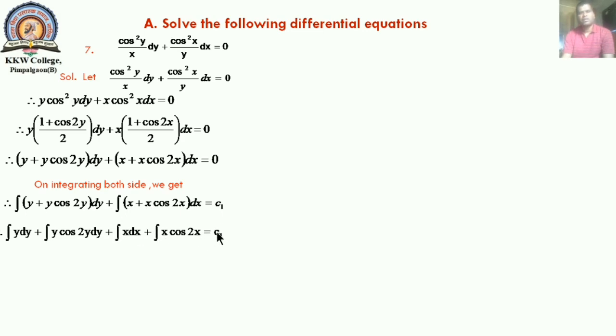C1 is the constant of integration, that is, an arbitrary constant. You can easily find the integration of y dy and of x dx, but here y into cos 2y and x into cos 2x are there, so we use the product rule of integration.